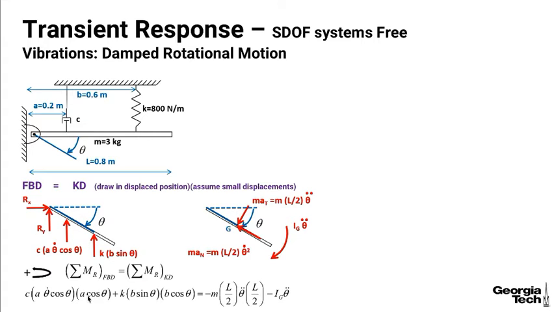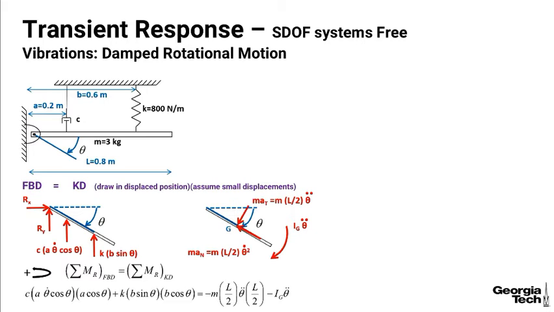Then I have K B sine theta, which is the force in the spring, times its moment arm, which ends up being B cosine theta. And on the right-hand side, that equals my mass times L/2 theta double dot, which is the mass times acceleration. It has to be multiplied by its moment arm to become a moment. And then I have the IG theta double dot, which is already a moment. Both of those are clockwise. My sign convention was counterclockwise positive, so they become negative.